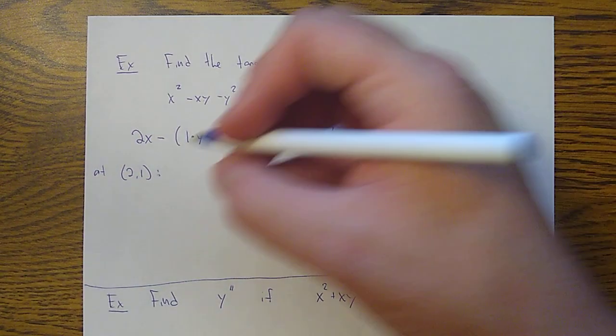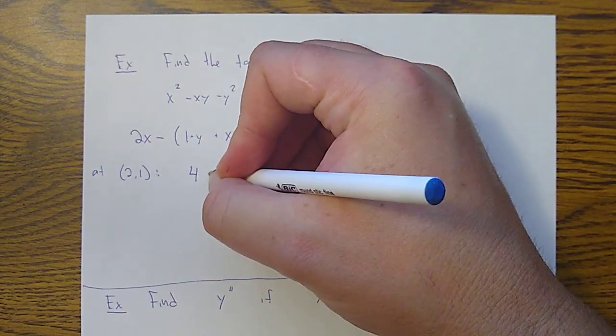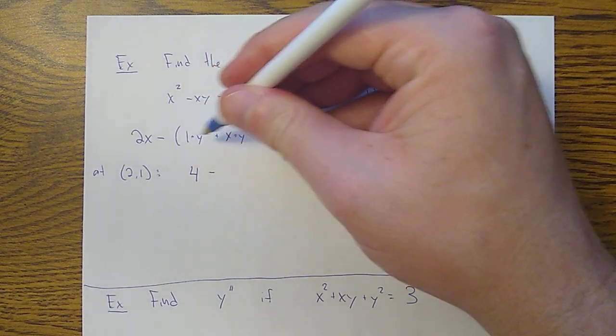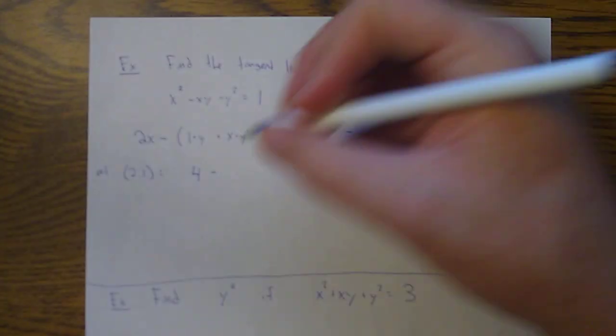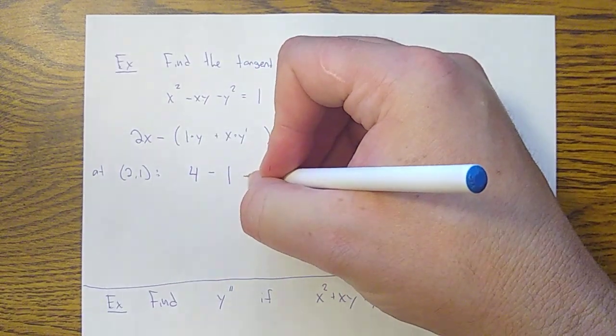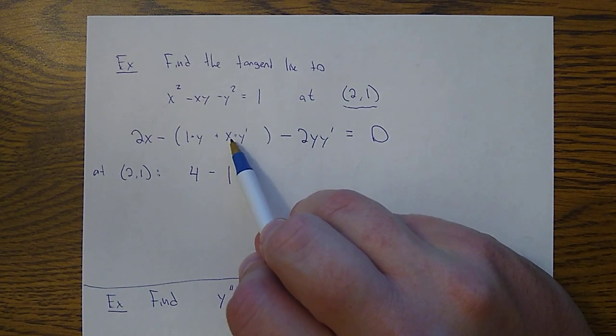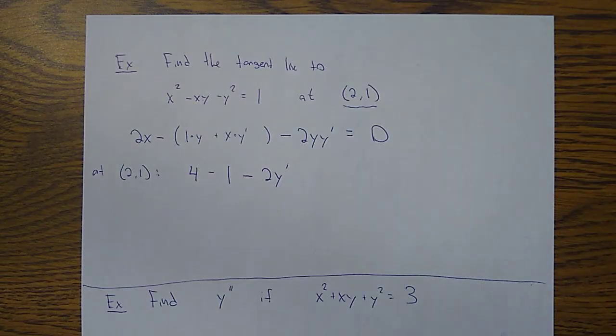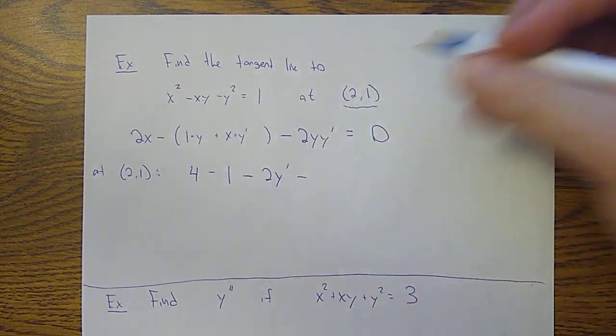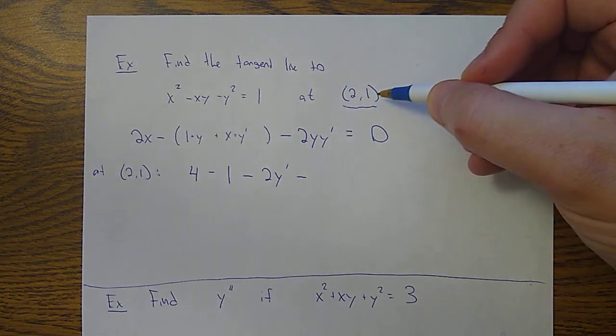So x is 2, y is 1, so I've got 4 minus, maybe I'll also simplify as I go. 4 minus y, 1 minus xy prime, so that's 2y prime, minus 2y y prime.